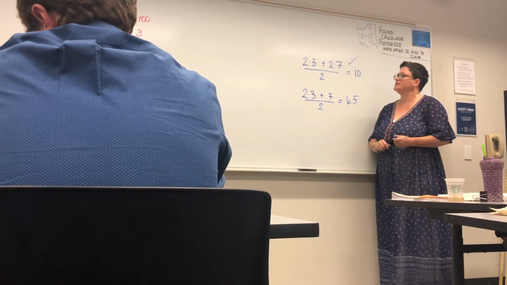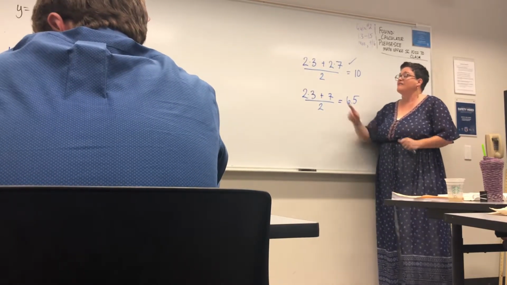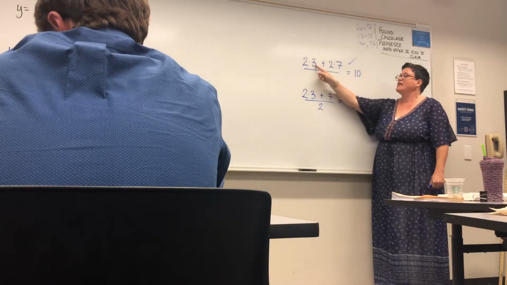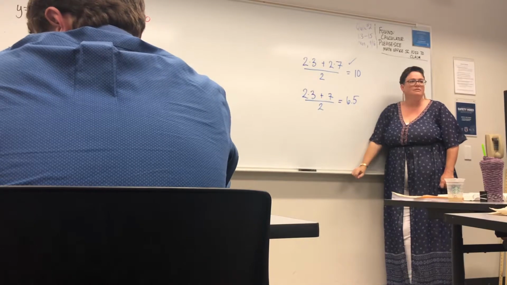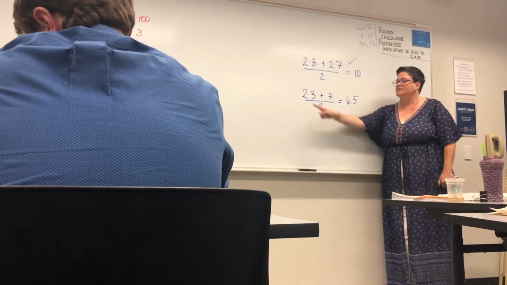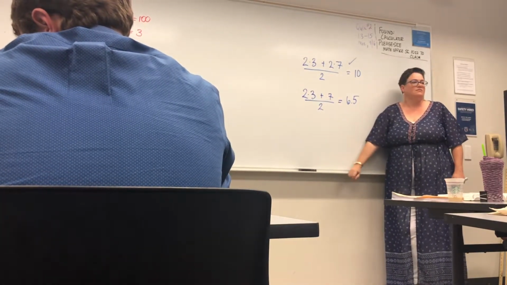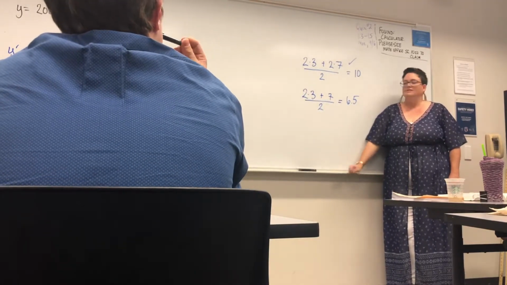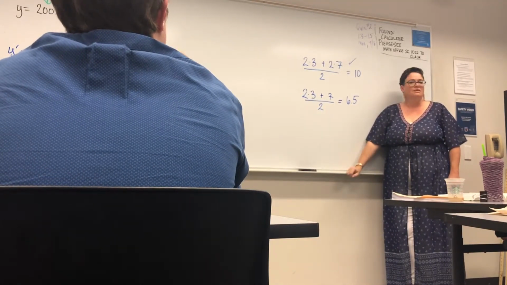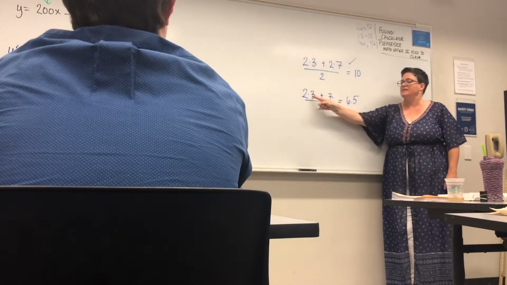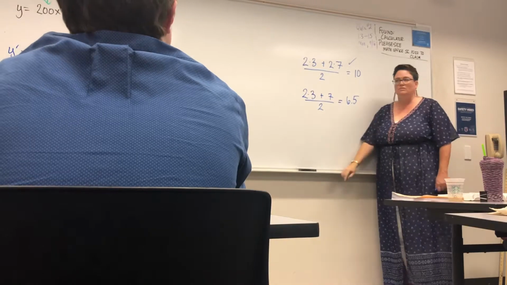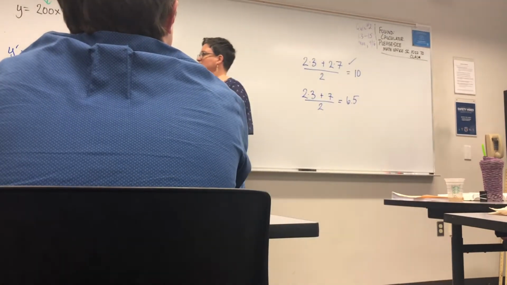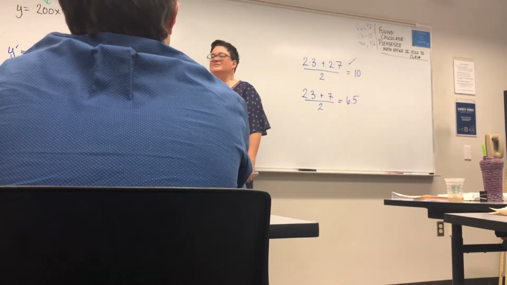If I pull 2 out of everything, I'll get 3 plus 7 divided by 1, right? What's 3 plus 7? 10. Now let's just cancel those 2's and see if this still works out. What's 3 plus 7? Is that 6 and a half? No. So can we cancel something that doesn't have it in every single term? No. Is there a 3x plus 1 in all of these sets of terms? No. So can we cancel it? No.